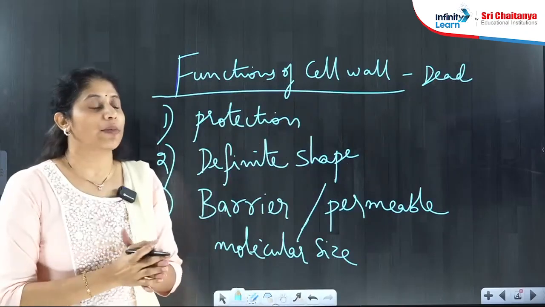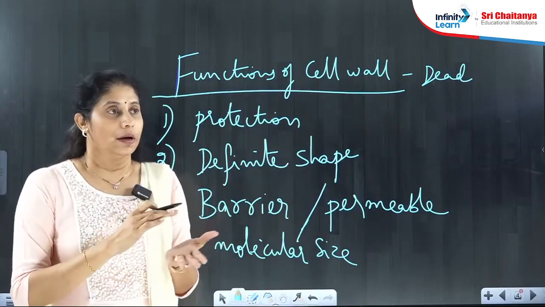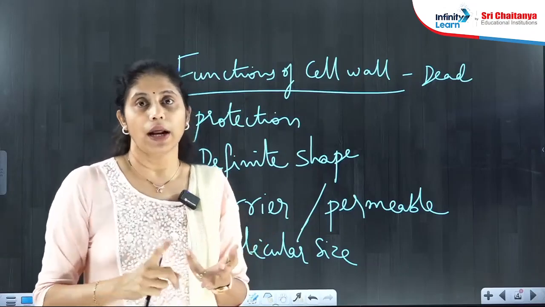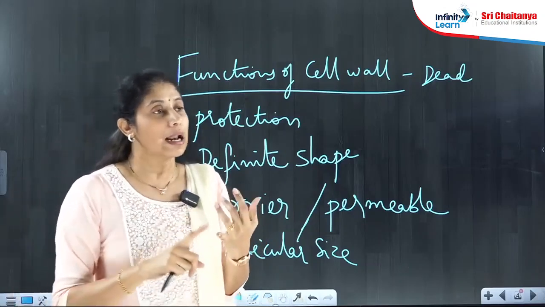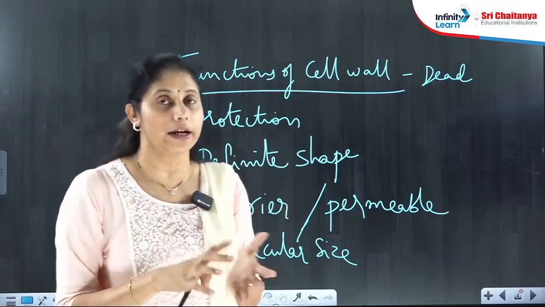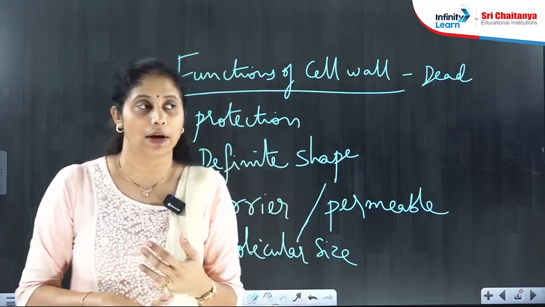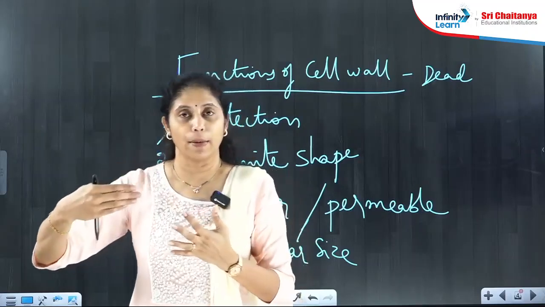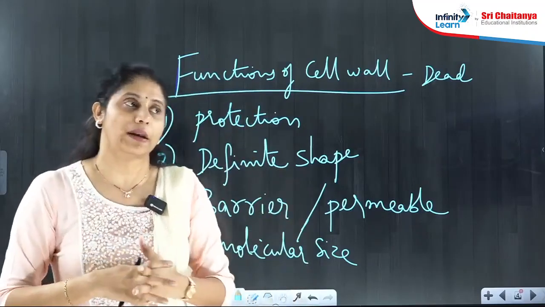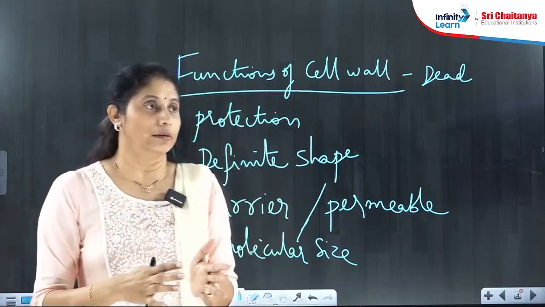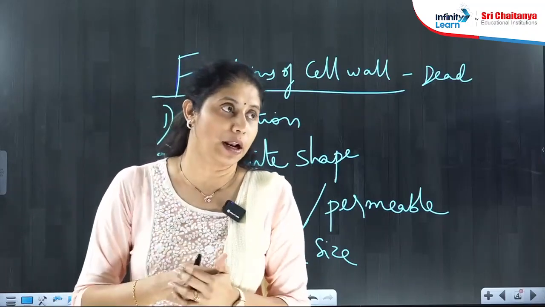So this type of plant cell wall has 3 layers: middle lamellum, primary wall and secondary wall. Middle lamellum is a cementing layer which glues 2 neighboring cells together, and it is made up of calcium pectate. Primary wall is the first formed cell wall layer, always on the inside of the middle lamellum.